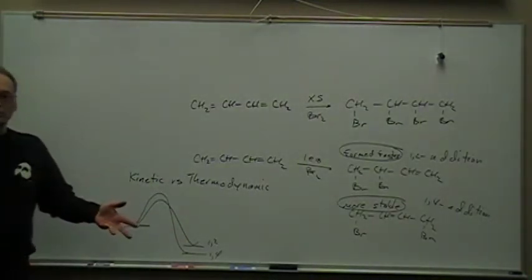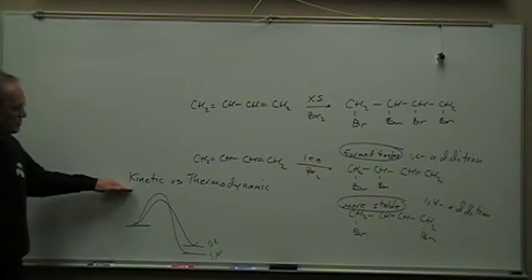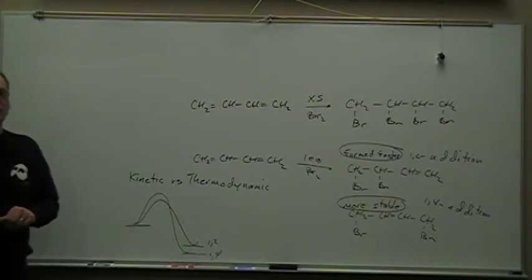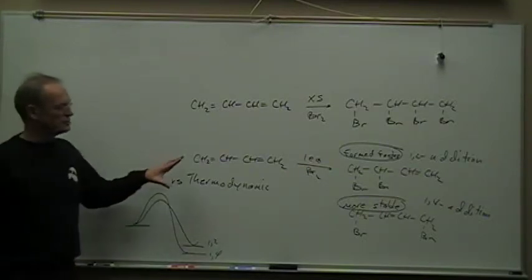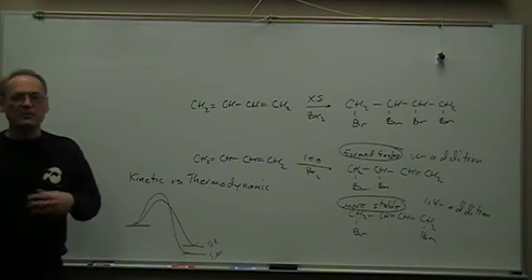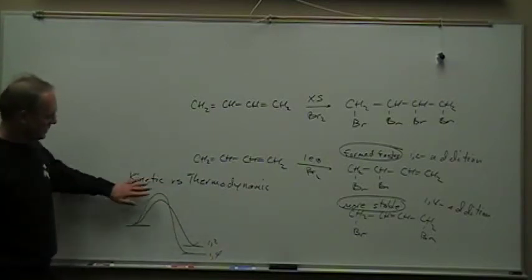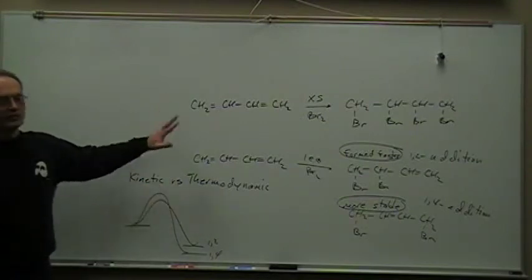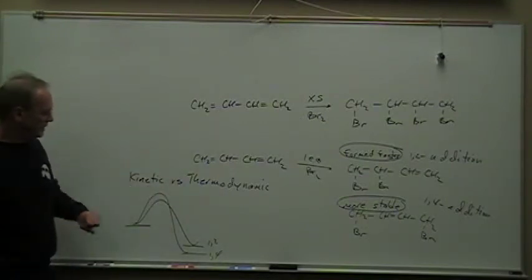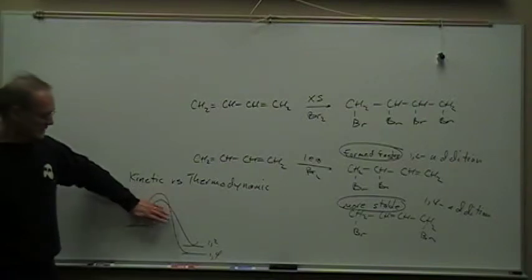So, what is the situation here, and what do we mean by kinetic conditions versus thermodynamic conditions? Well, think about this. If we gave this reaction lots and lots of energy, plenty of time, we allowed it to go back and forth, we really wouldn't care because all the molecules have plenty of energy to get over both hills. We really wouldn't care which hill was highest.